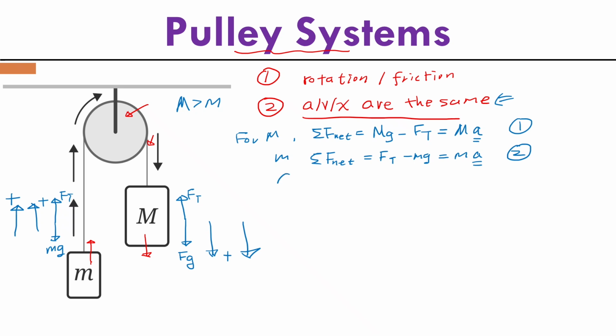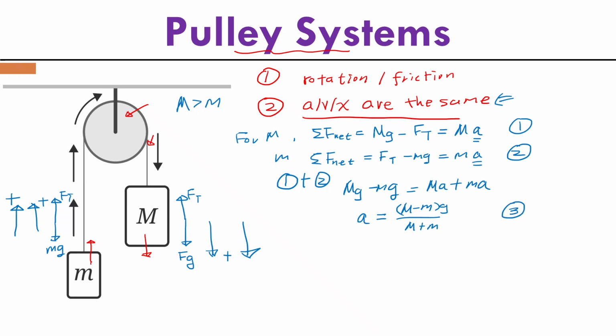Now, if I add equation 1 and equation 2 together, what do I get? The tension would cancel out. I would get big Mg minus small mg equals big MA plus small ma. So if I rearrange this equation, I would get this: my acceleration equals big M minus small m times g divided by big M plus small m. Let's call this equation 3.